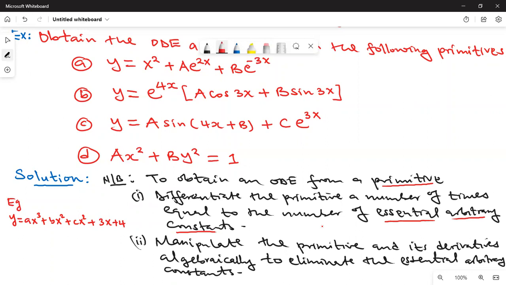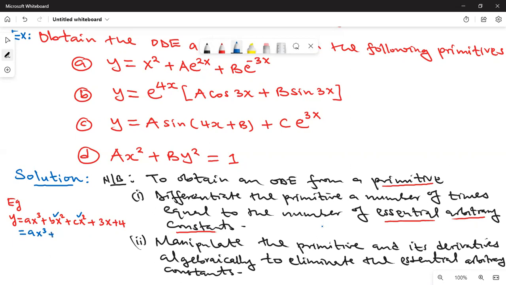Now, what about essential arbitrary constants? Look at this function that I've given you. This can be written as ax cubed. Look at the term in x squared. You can see we can combine those two terms to get b plus c. When you add two arbitrary constants, you get another arbitrary constant.